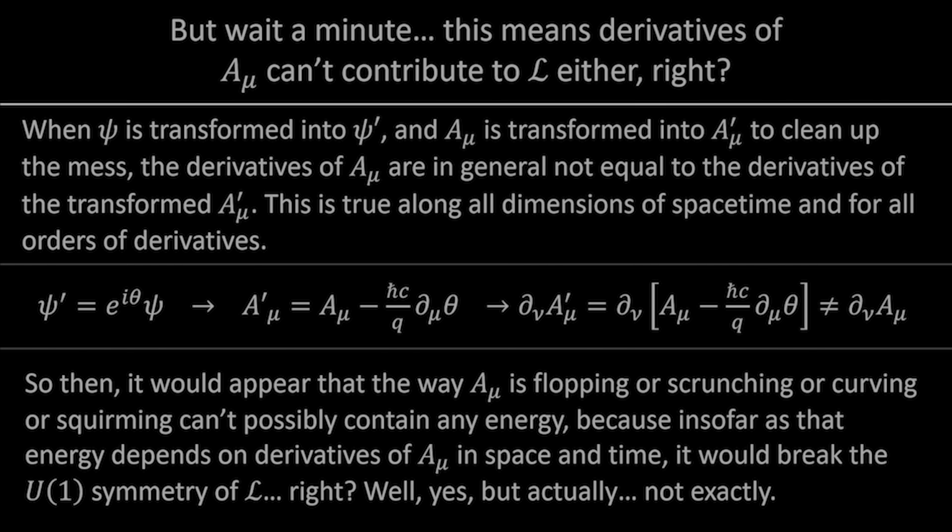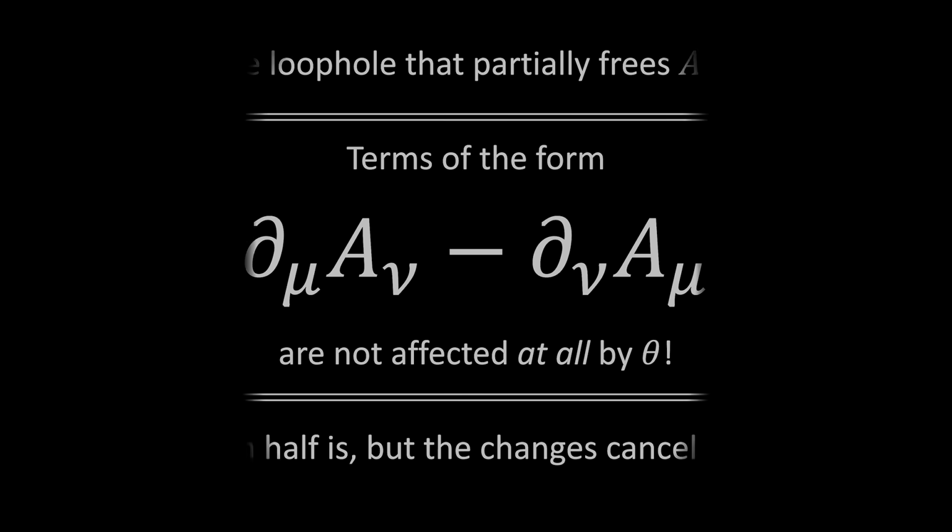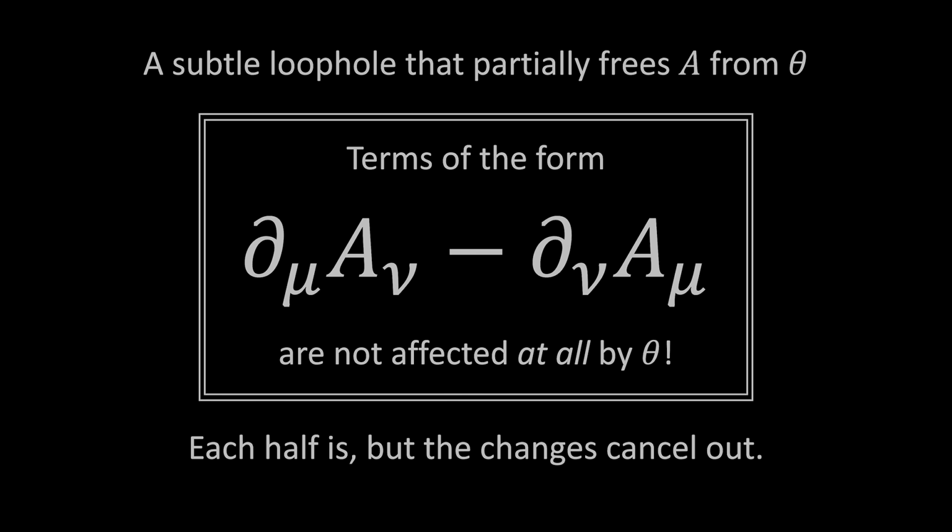But fortunately, it's not very true either, because there is one secret loophole where you can set a derivative against another derivative. And so even though each of these terms is affected by arbitrary phase fields, the way in which they're affected is equal and opposite, and so it cancels out such that the whole expression is completely agnostic to, completely unaffected by, any arbitrary local phase transformation.